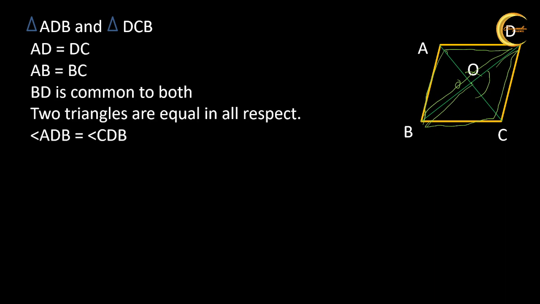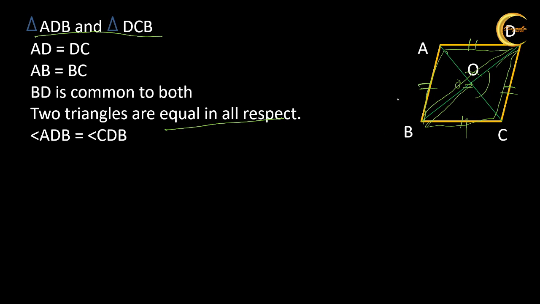Now you see, AD equals DC, okay, and AB equals BC, and BD is the common line for both triangles. So we can say these two triangles, ADB triangle and DCB triangle, are equal in all respects, meaning all three sides and three corresponding angles are equal in both triangles.